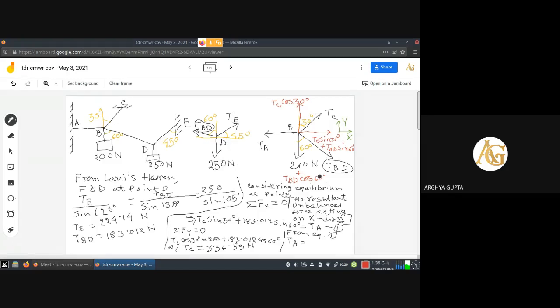Check it once again. 336.59 into sin 30 is 168.29, plus this one, 183.012 into cos 60, 91.50. So the value of TA is 168.29 plus 91.50, 250.